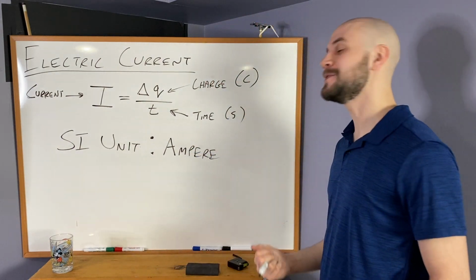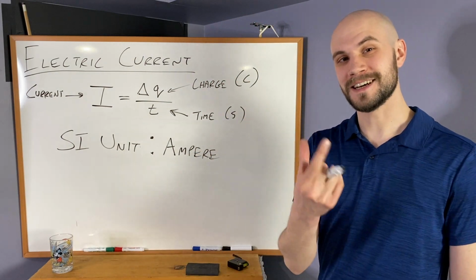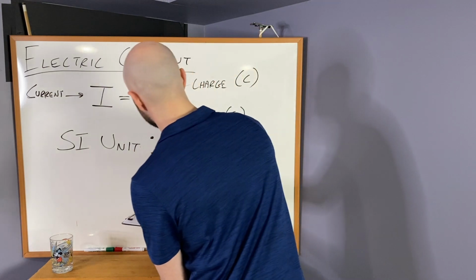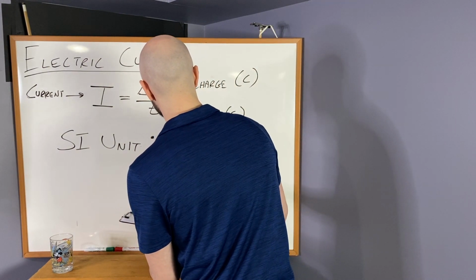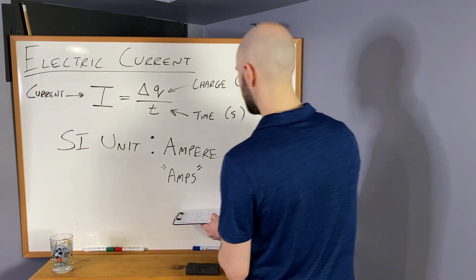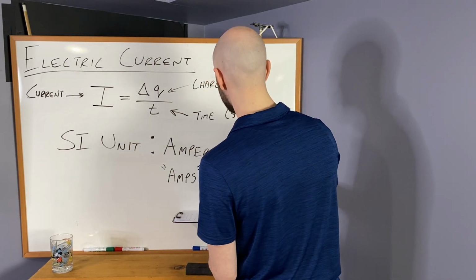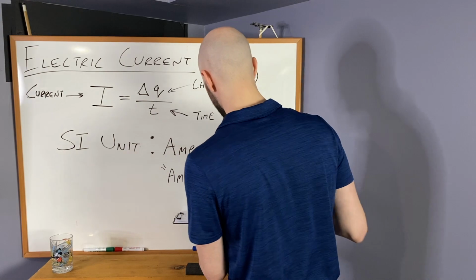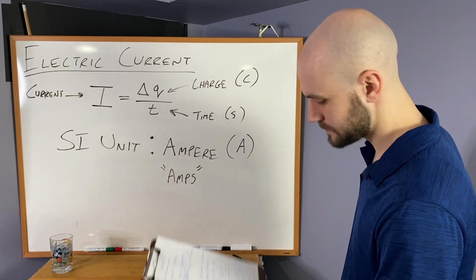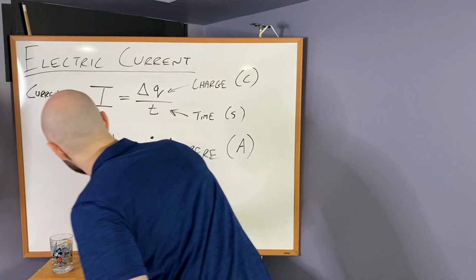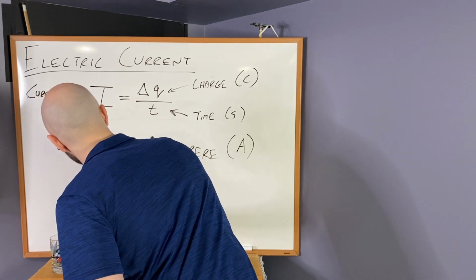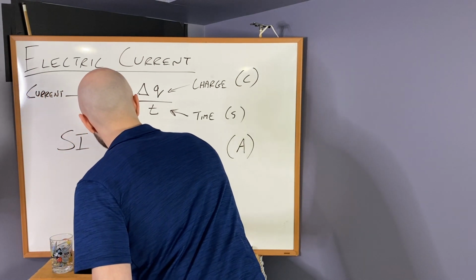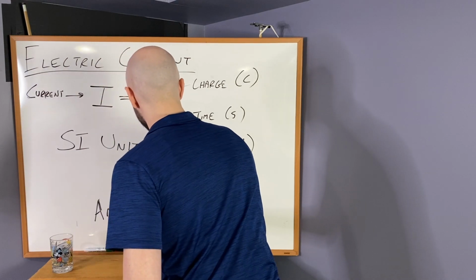When we talk about current, we don't usually say amperes. We usually shorten that to amps. And in our equations for our units, we use capital A for amperes. And when we're talking about an amp, it's equal to coulombs per second.